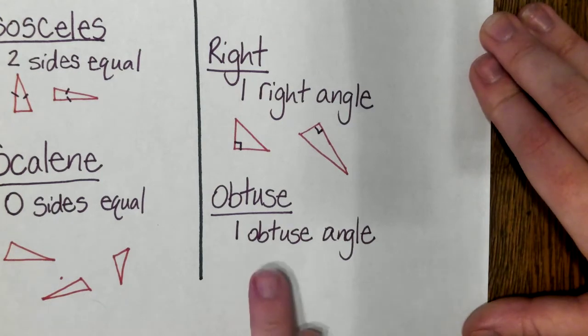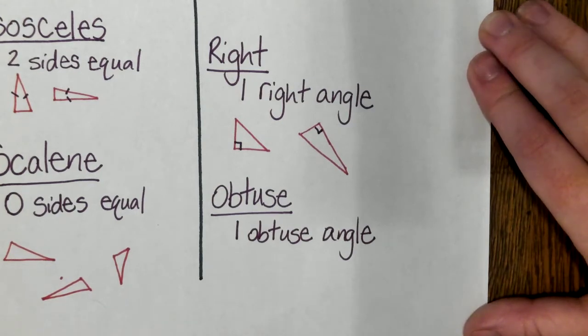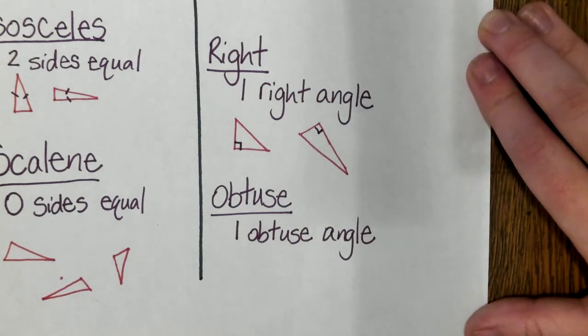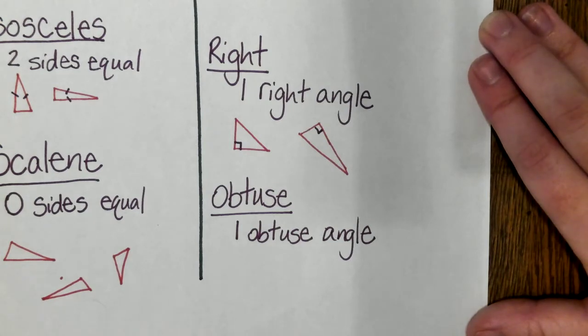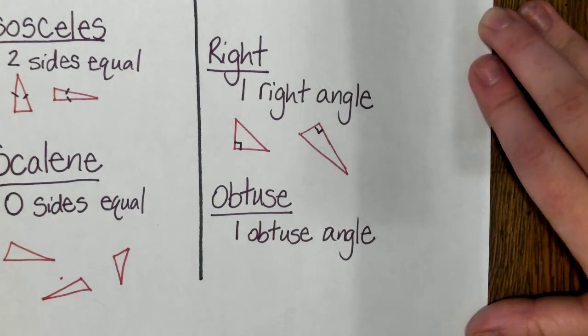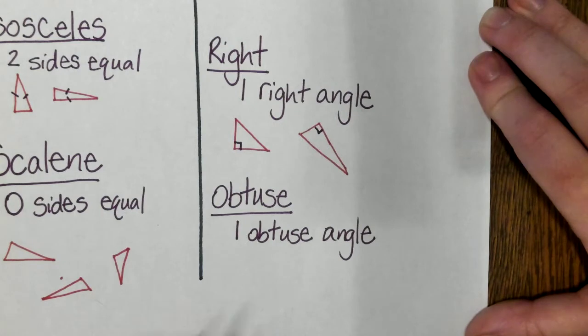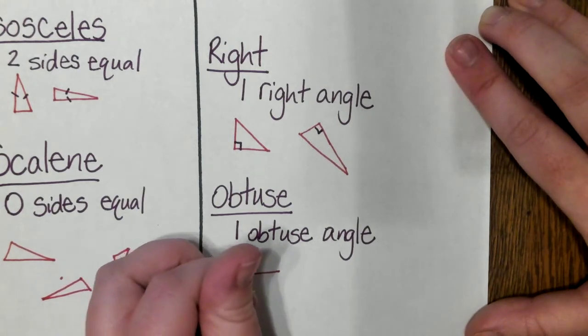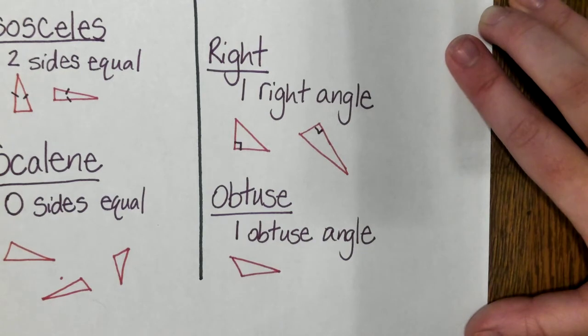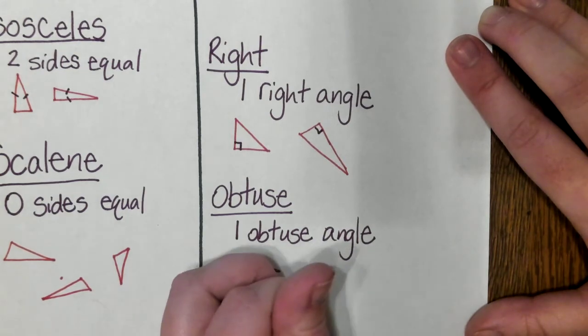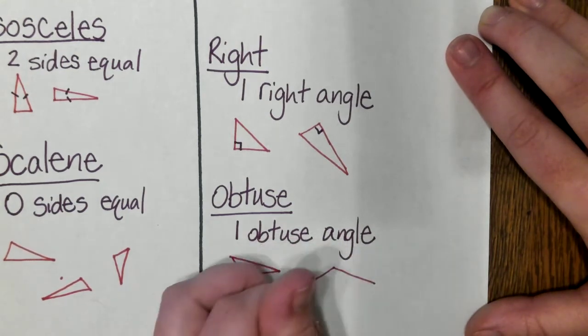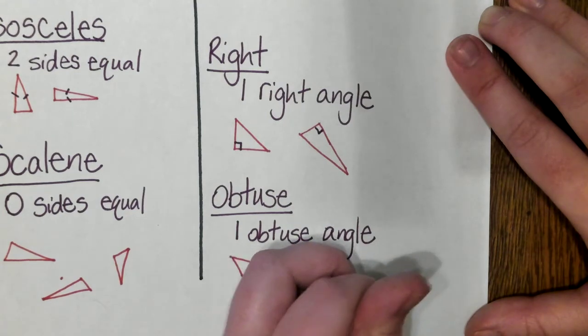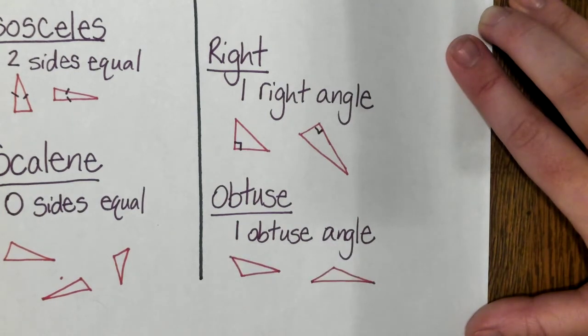Hopefully you remember that an obtuse angle is an angle that is greater than 90 degrees. So it's a wide angle. An obtuse triangle might look like that. Or that.